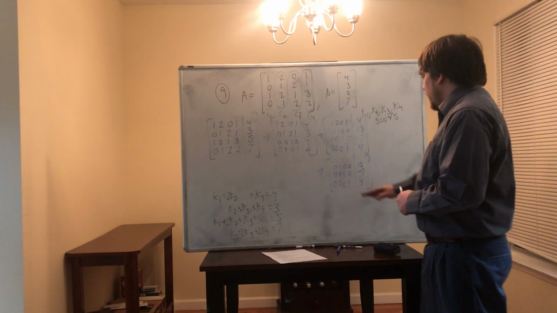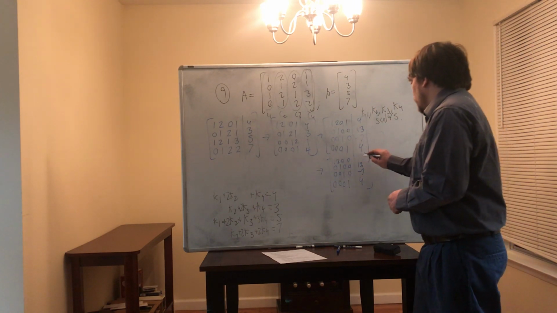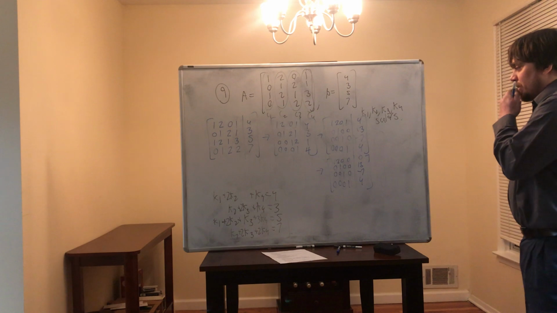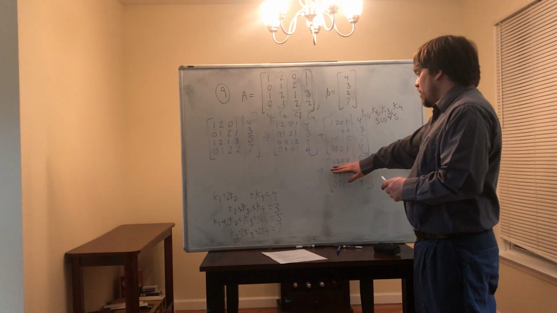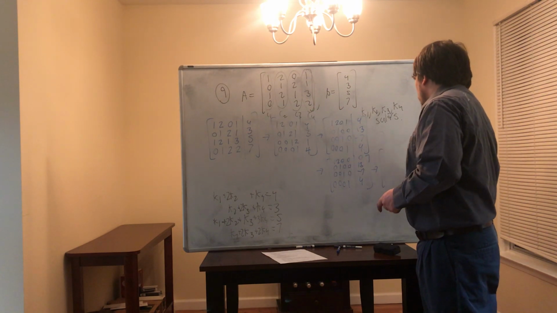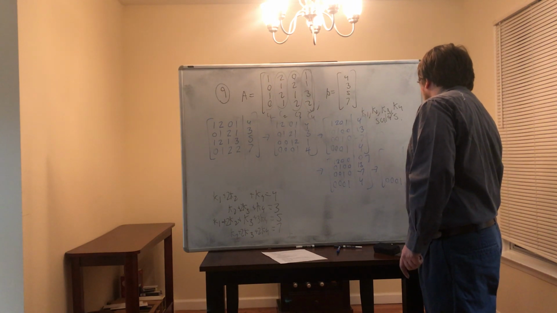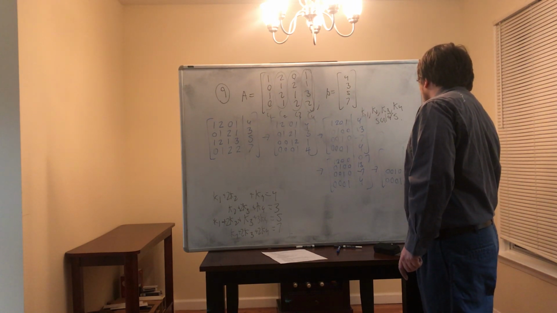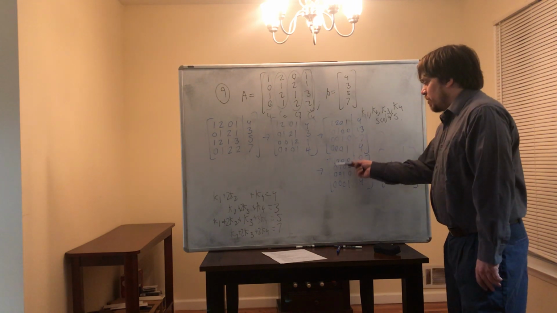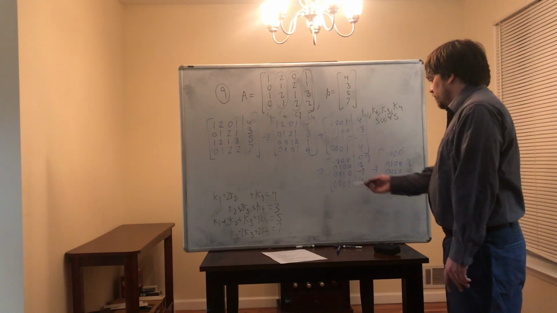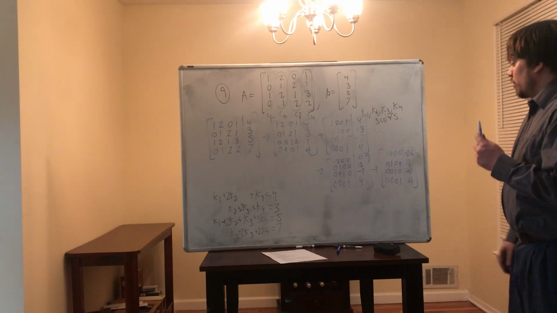And so then I'm going to get 1, 2, 0, 0. And then I'm just going to take negative 2 times the second row into the first one. And so this is going to be 0, 0, 0, 1, 4, 0, 0, 1, 0, negative 7, 0, 1, 0, 0, 13, and negative 2 times this added to that gives negative 26 there. Okay, so I've got the reduced echelon form.